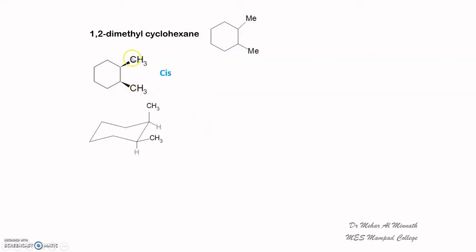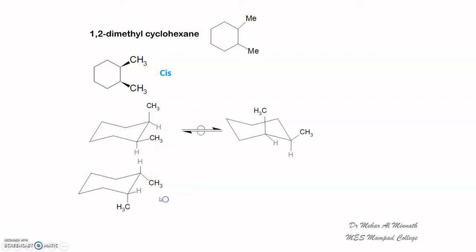Since it is cis, both must be on the same side of the plane, so here you have beta beta, both methyl groups above the plane, and here we have alpha alpha, where both substituents are below the plane.